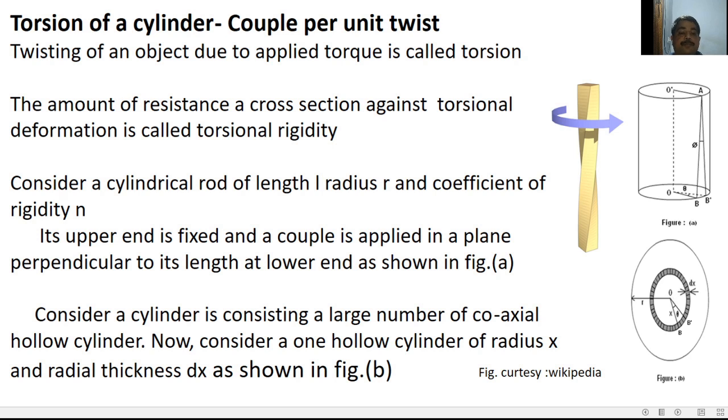Let AB be a line parallel to the axis before the cylinder is twisted. On twisting, since the point B shifts to B dash, the line AB takes the position AB dash.